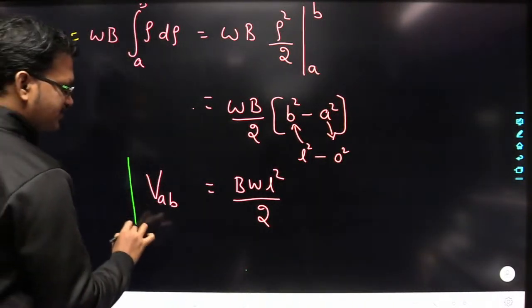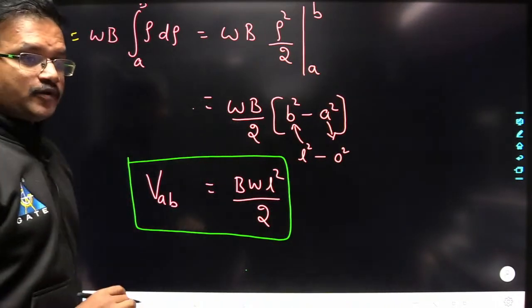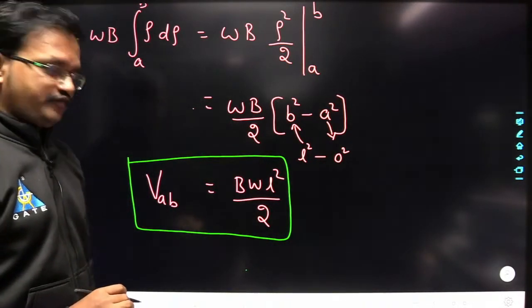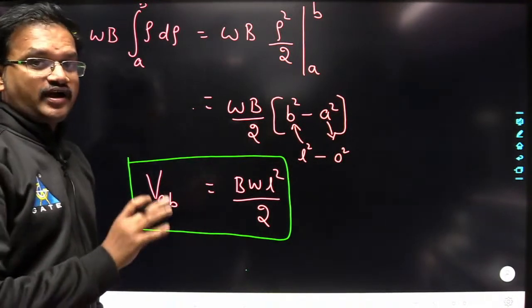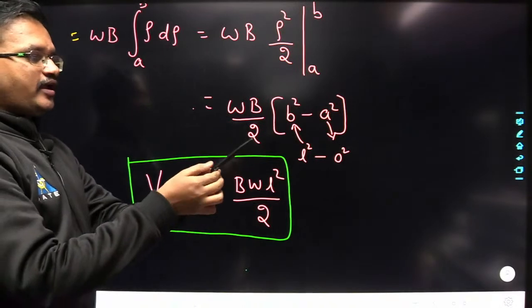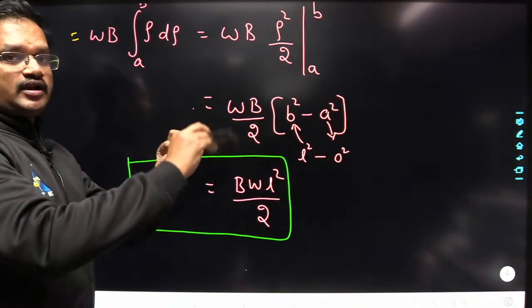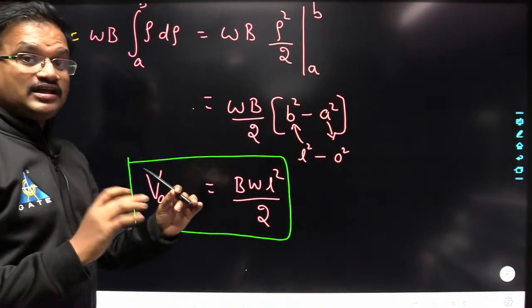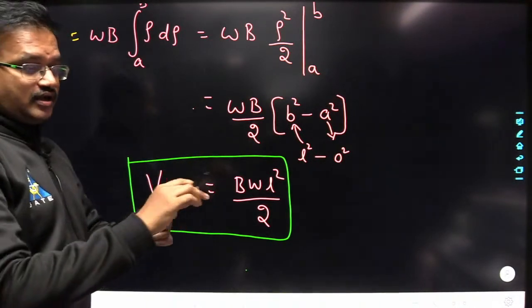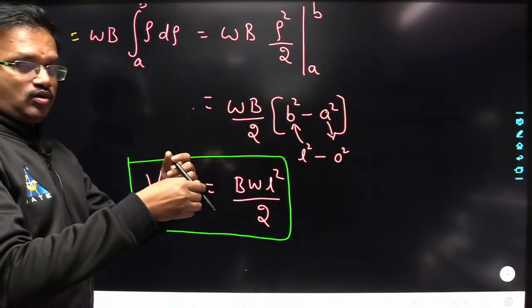See how the expression has changed. This is the potential difference that you are going to get at the ends of the conducting bar. If you rotate this conducting bar in the magnetic field, you can consider the velocity.